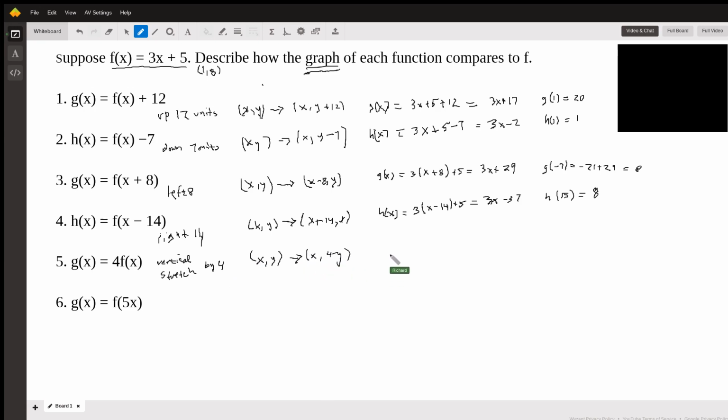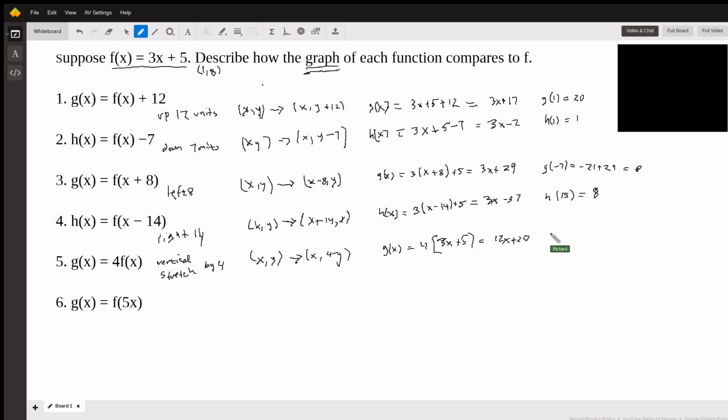And let's check that out. So g of x is just going to be 4 times 3x plus 5. So that's going to be 3 times 4 is 12, x plus 20.